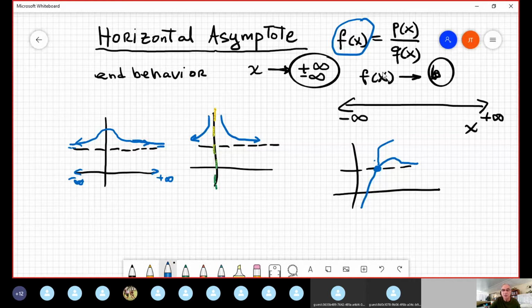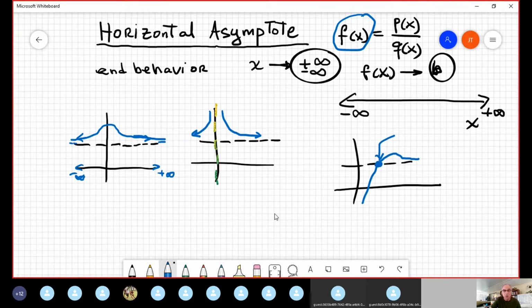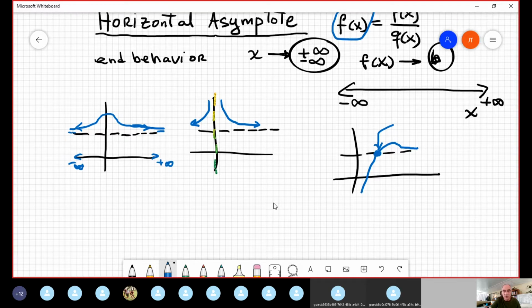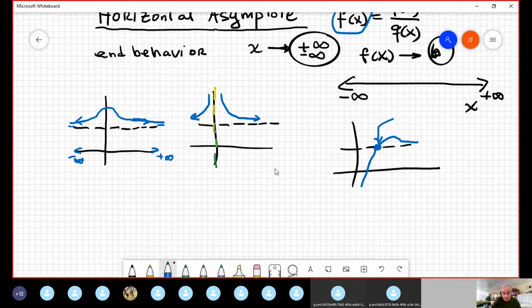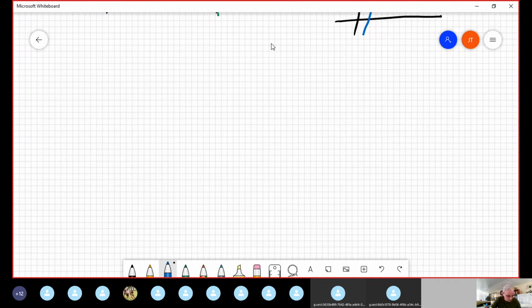And this is an important point I need to find. This is a very rough idea about horizontal. Then I want to explain the rule to determine whether we have a horizontal asymptote or not, and what is the regular case, what is the special case. Suppose this example.